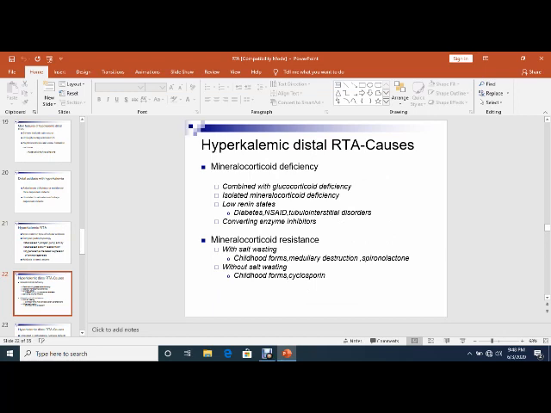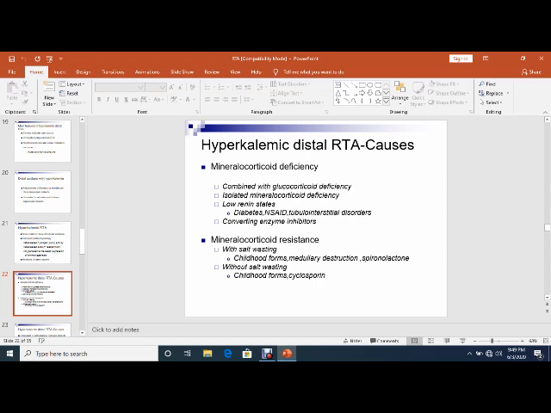So what are the causes of type 4 RTA? The main cause is mineralocorticoid deficiency. That is the reason it is called hyporeninemic hypoaldosteronism.